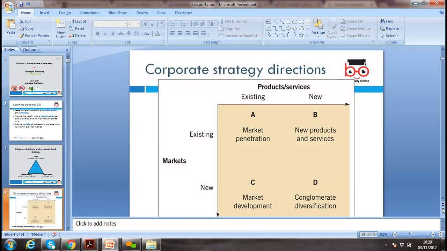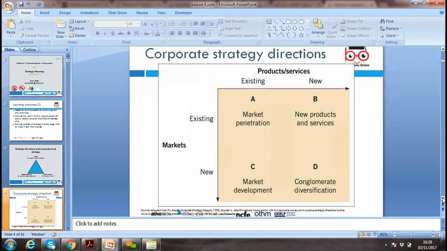In the previous lesson, I also mentioned corporate strategy directions. Either you want market penetration, where we sell our existing product within the existing market, like our existing car, the Ford Focus, just in the UK.